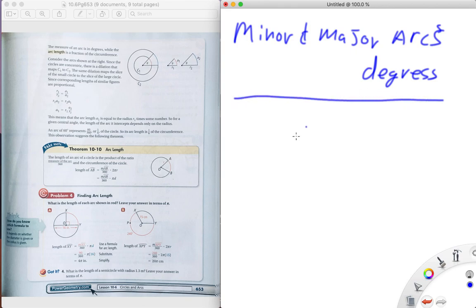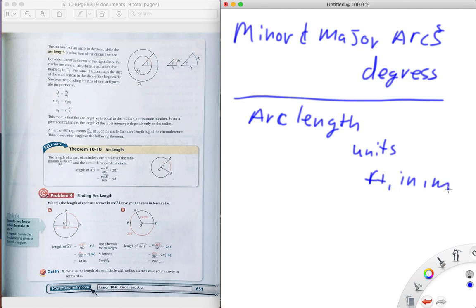Then we have something called arc length. Arc length is measured in units like feet, inches, meters.